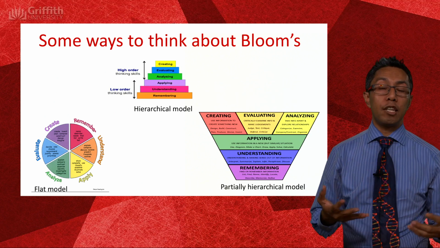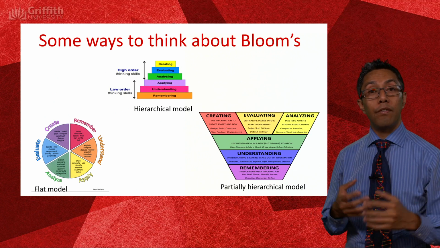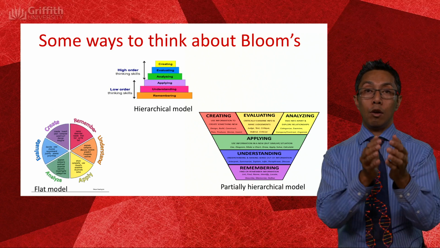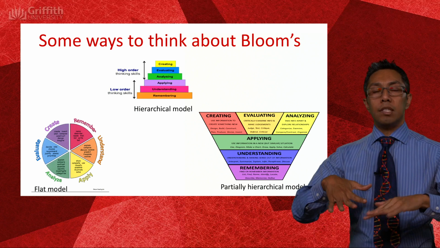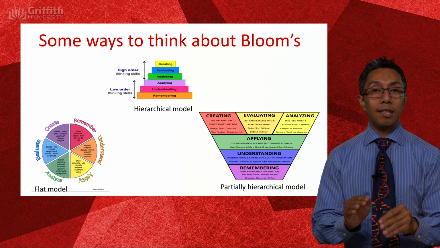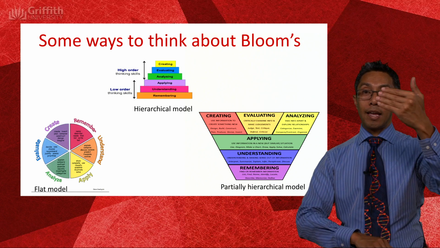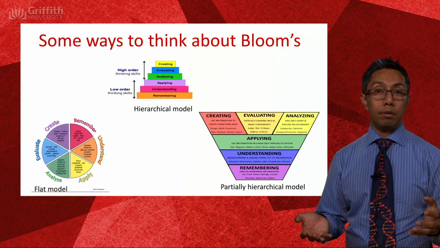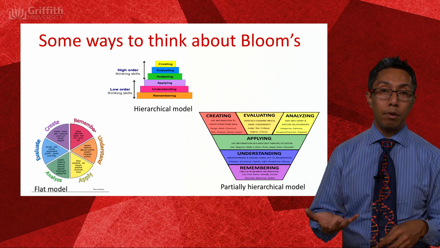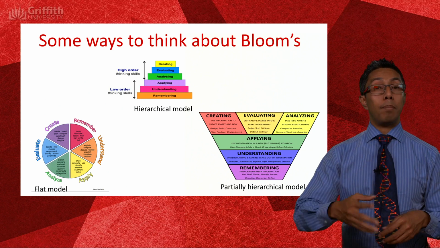Now, the model that I actually prefer is the last one, the flat model. So the flat model, people who think along these lines say, well, they're just all different types of thinking, but you can do those types of thinking at low levels as well as at high levels. So for example, you can remember at a very low level. I can remember the fact that 1 + 1 = 2.